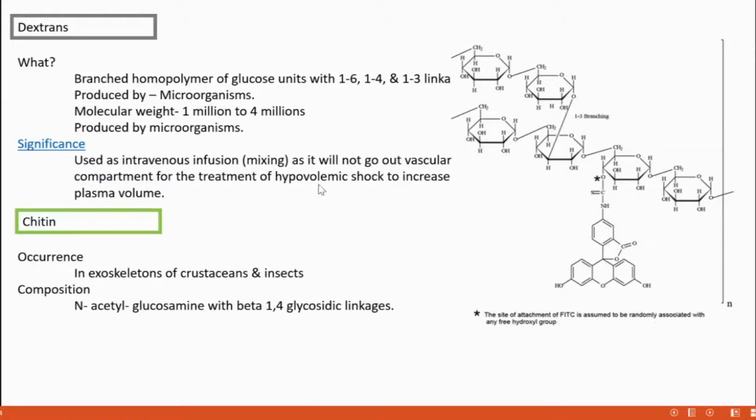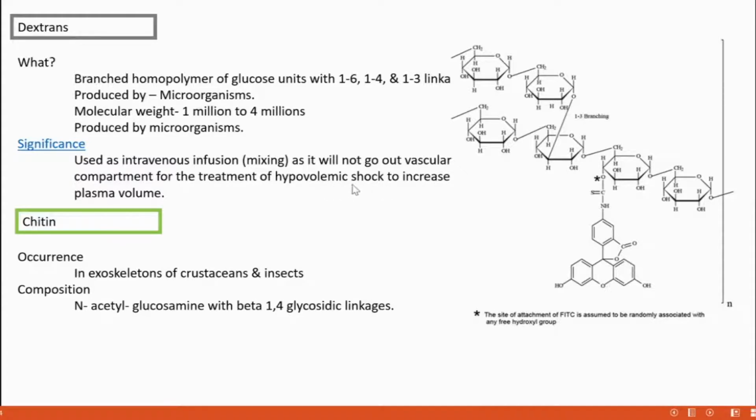In that way, the patient can be protected from hypovolemic shock. Hypovolemic shock means a reduction in the plasma volume, loss of blood.